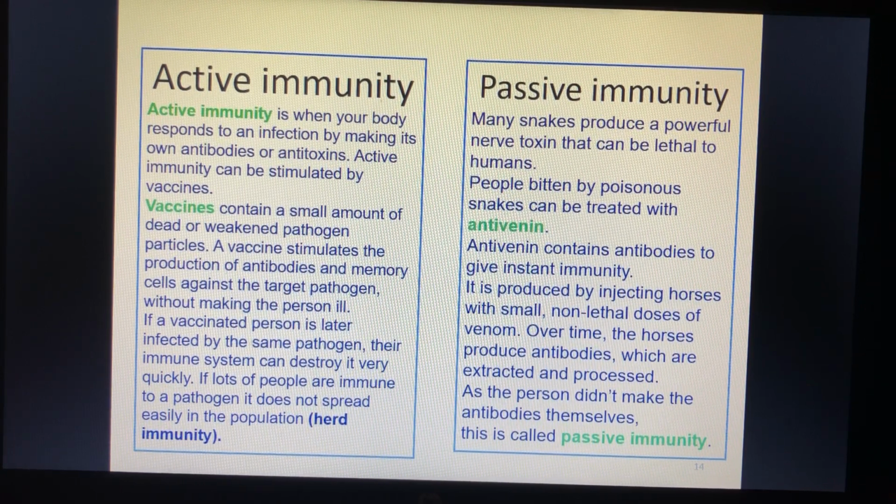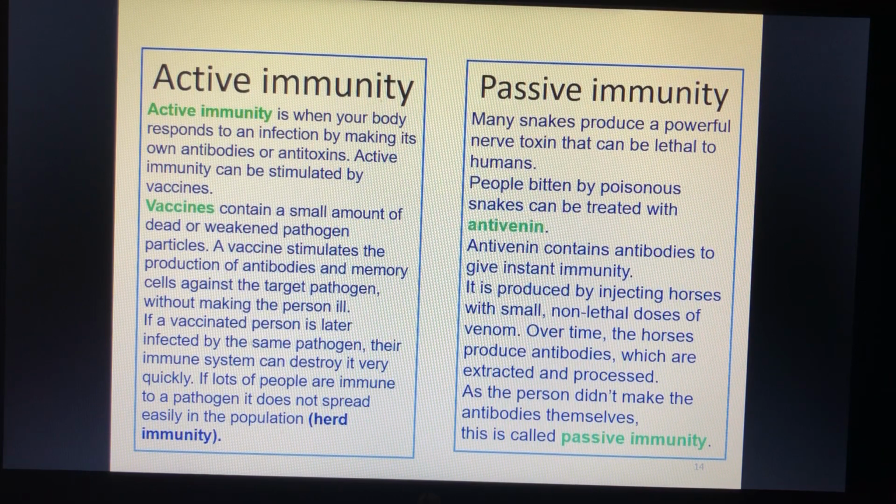This is the one where we're not able to make the antibodies at all or quickly enough in order to fight the disease. And the classic example of this is a snake bite. And with a snake bite, we're not able to make the antibodies quickly enough in enough quantity in order to help us survive.